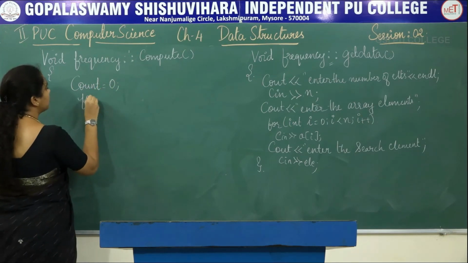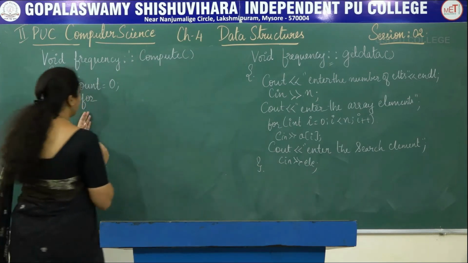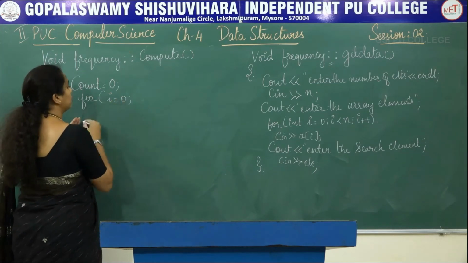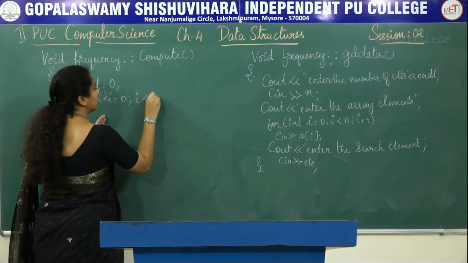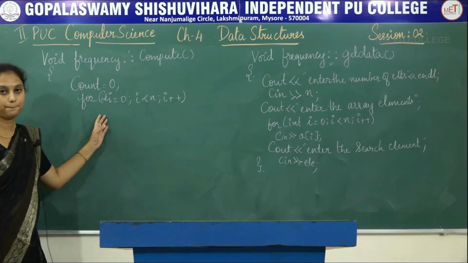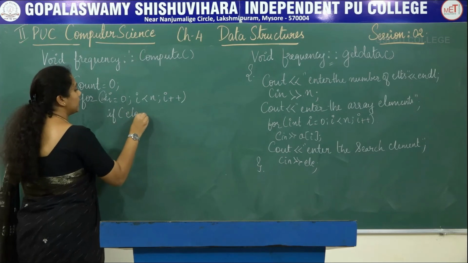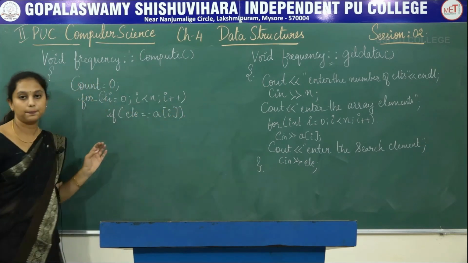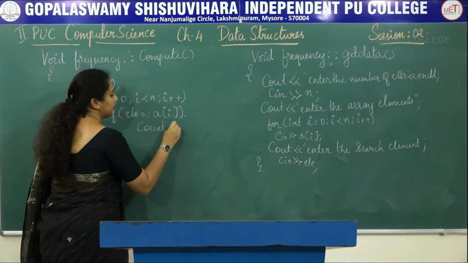As we have to traverse an array, we are using a for loop. for int i = 0; i < n; i++, if element is equal to a[i], then count gets incremented.